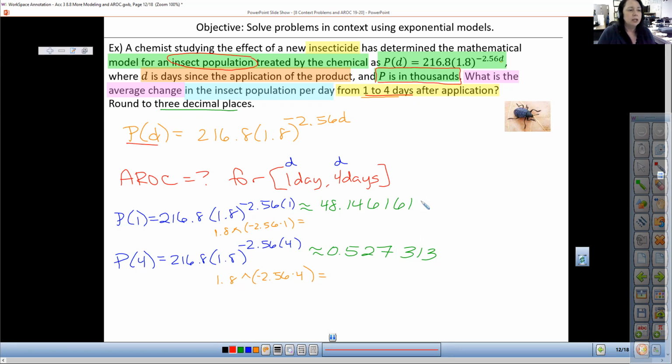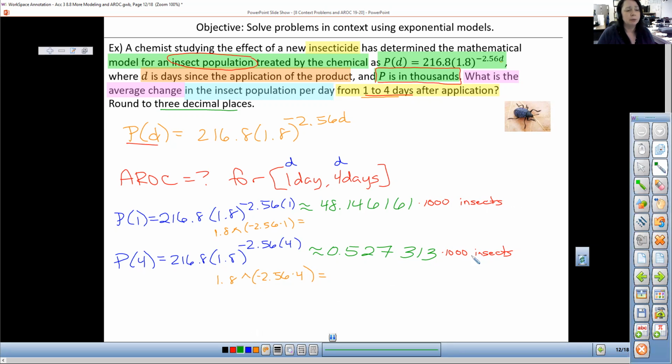Okay. So each one of these would be multiplied by 1,000. And that would be insects. And you can do this now. You can also do it at the end after you do the differences. It's sort of up to you. Okay, both would work, because multiplying each of them separately by 1,000 would be like multiplying the average rate of change by 1,000 at the end.